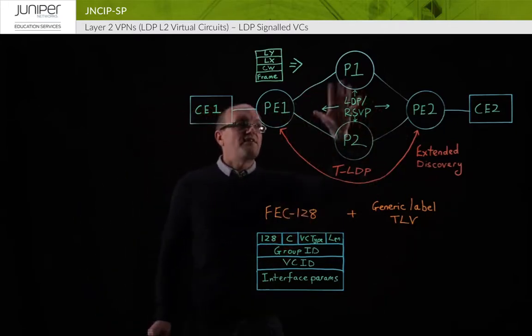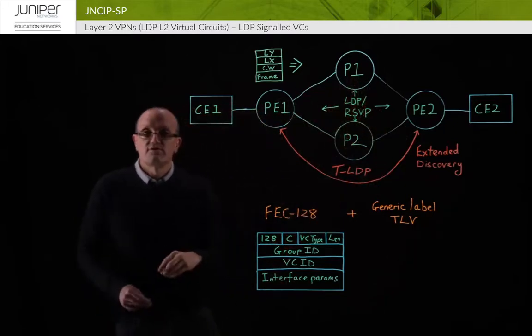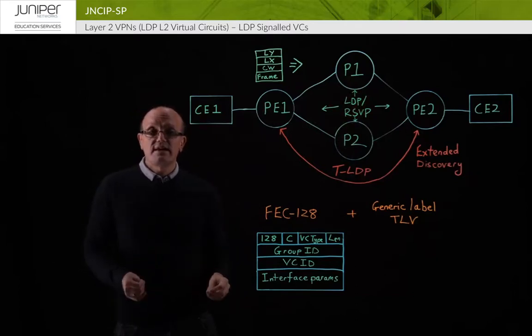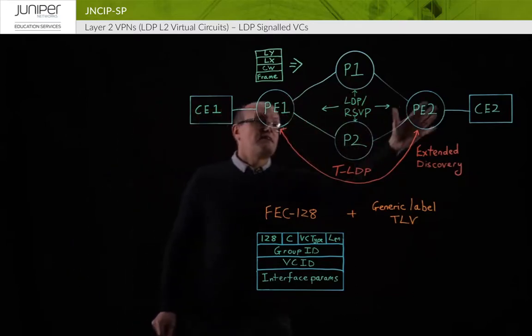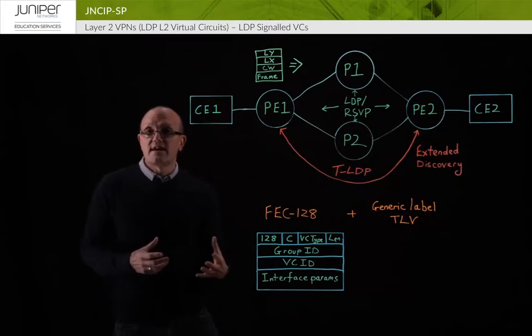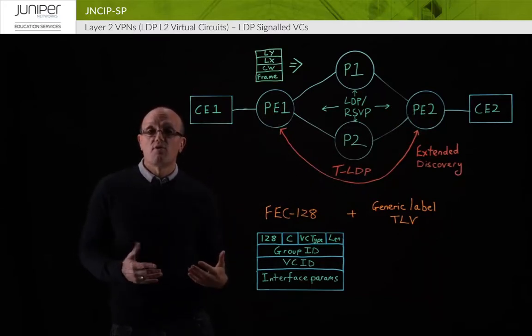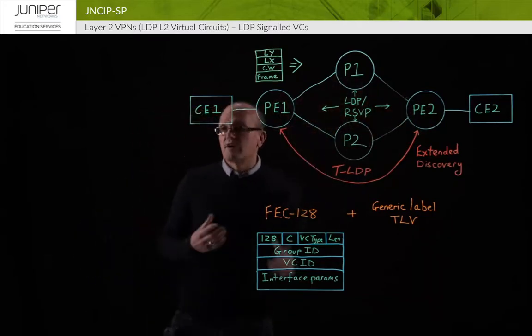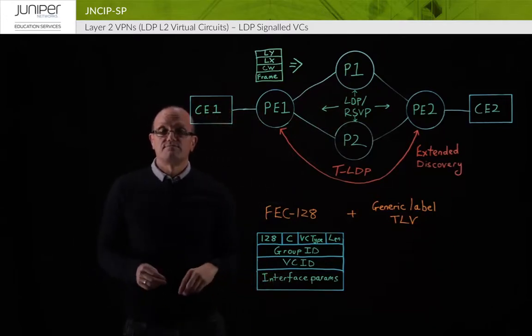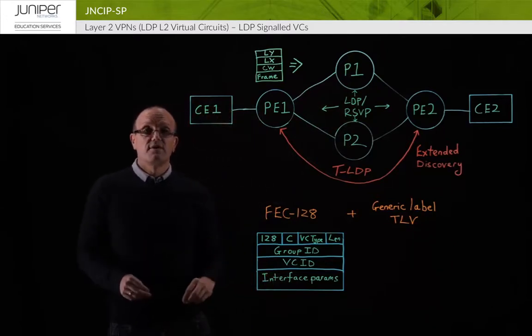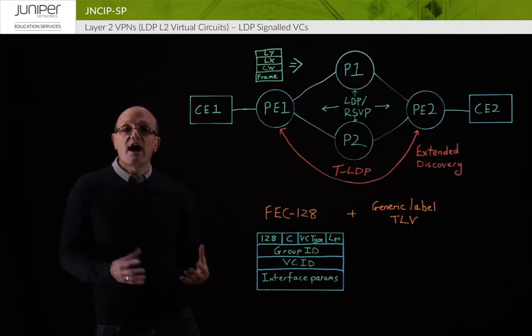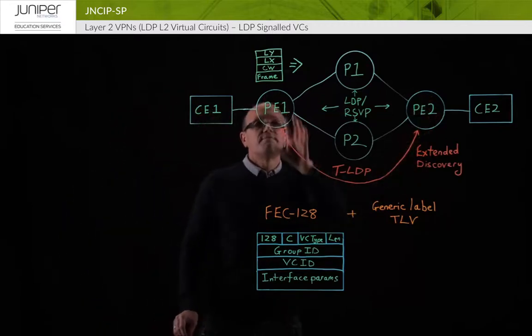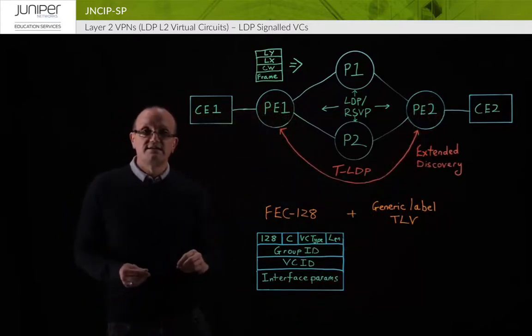But we have these core signaling protocols that are providing the LSPs between the PEs that we're going to be carrying our virtual circuit traffic over. This is the same regardless of what technology we're talking about. The big difference here is that we no longer have multi-protocol BGP running between our PEs.